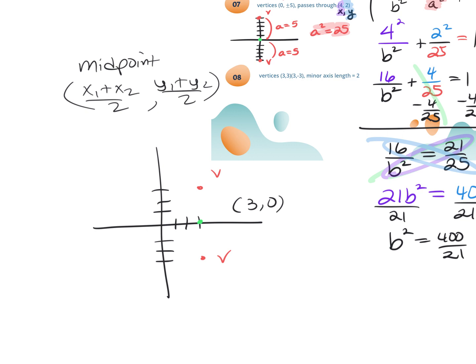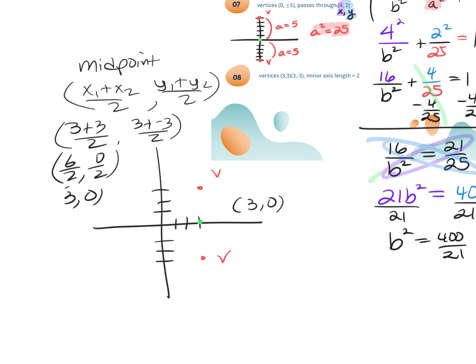So if I just do this, I'm adding 3 plus 3, divide by 2, and then 3 plus negative 3, divide by 2. This gives me 6 over 2, 0 over 2, and that's how I get the center point to be 3, 0, just by using the midpoint formula. So the center is always the midpoint of your two focus points or the midpoint of your two vertices.